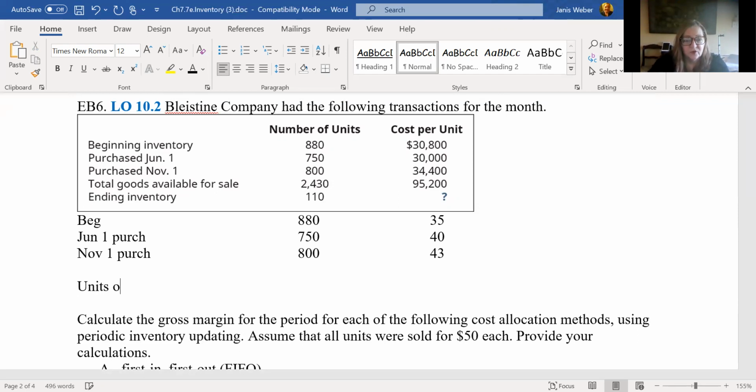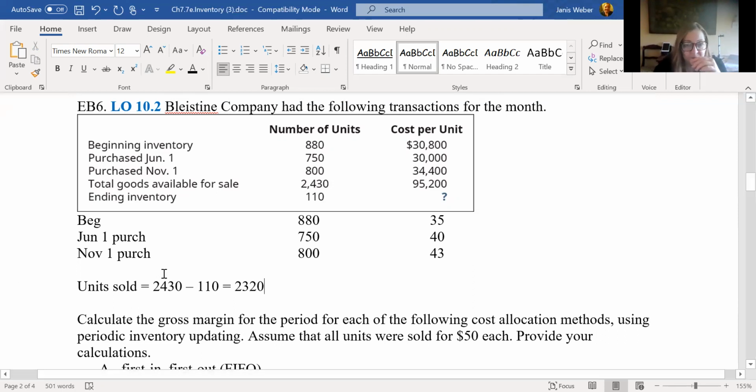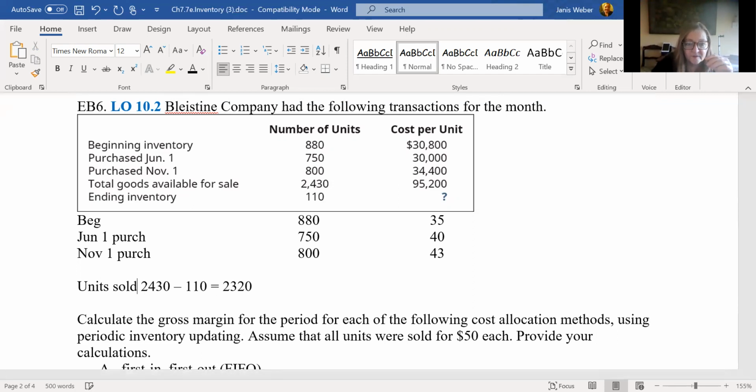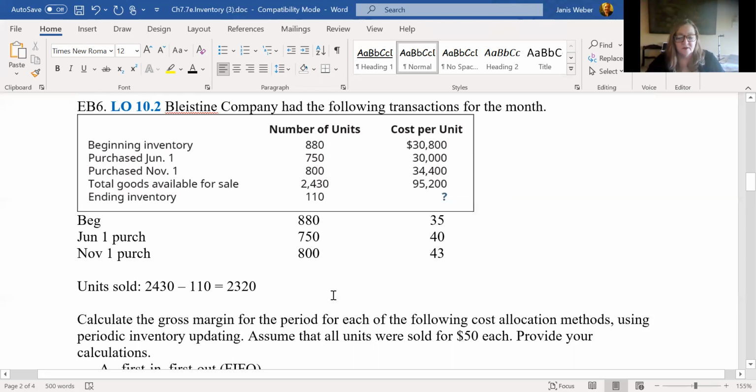Units sold equals 2430 minus 110. So I think the units sold is 2320. Okay. All right, so that's some of the information we need.